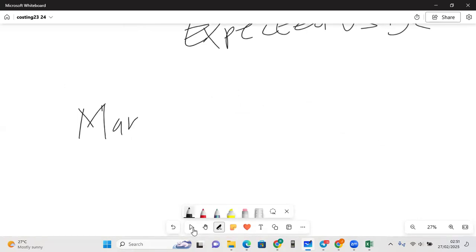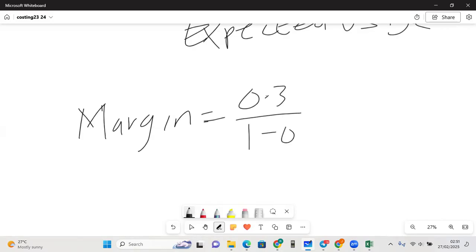So margin will be equal to 0.3, which is the 30%, all over 1 minus 0.3, which gives us 0.3 over 0.7. But in case they say markup to margin, it is going to be 0.3 over 1 plus 0.3, right? So if you are converting markup to margin, it's the other way around.